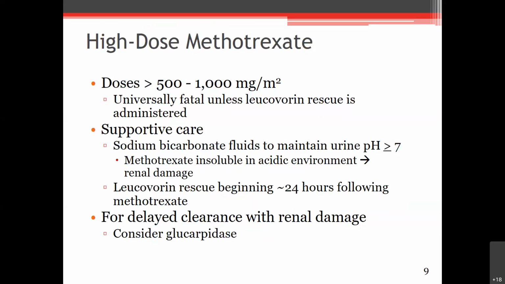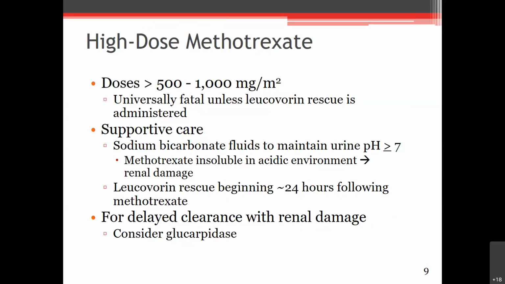So we focus a lot on supportive care with high-dose methotrexate. We give sodium bicarb fluids to maintain a urine pH of greater than or equal to 7. And the reason for that is that methotrexate is insoluble in an acidic environment. So we're trying to prevent precipitation of drug in the renal tubules and subsequent renal damage.